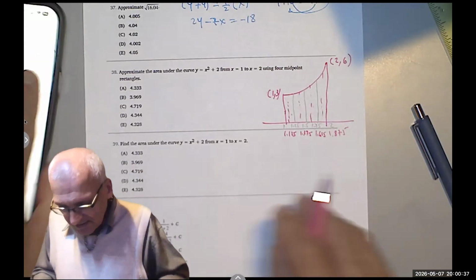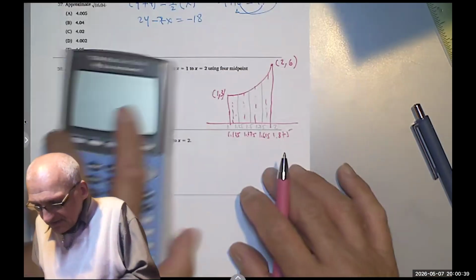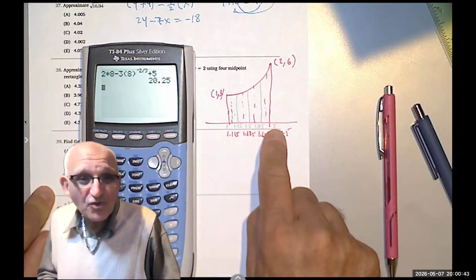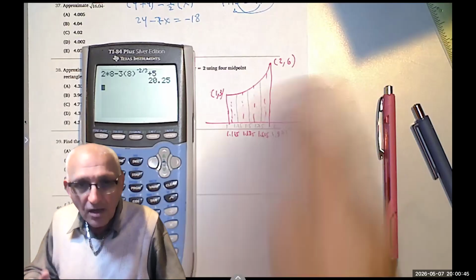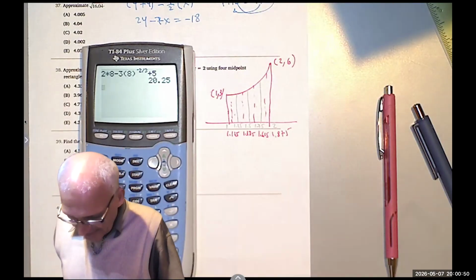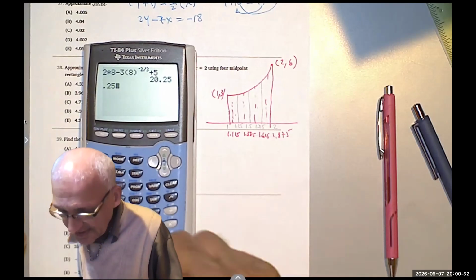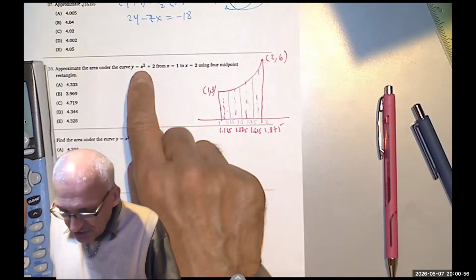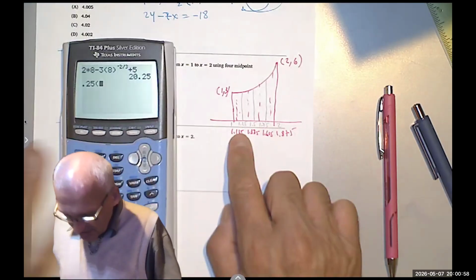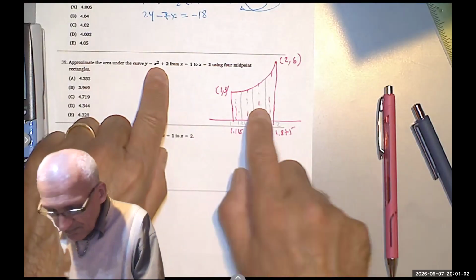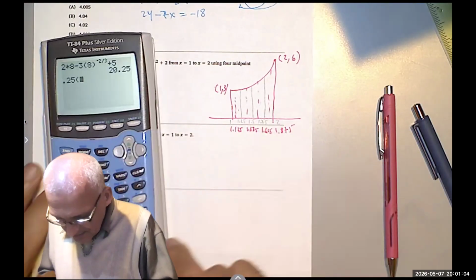So let's see what this area is. All of them have a base of 0.25. So you can simply say 0.25 and then open a parentheses. You substitute this x, so you have x squared plus 2. Then I'm going to plus 2 here, plus 2 here, plus 2 here, plus 2 here. So it's 8 plus.